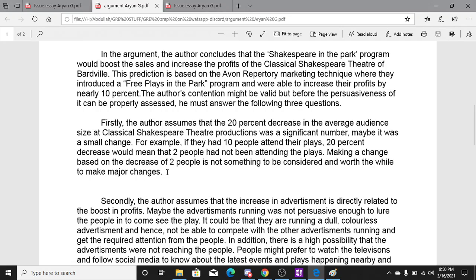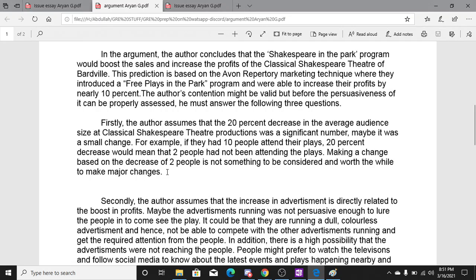What if the reference point is just 10, and then a 20% decrease, it would be only 2 people basically considering your advertisement seriously? Then this 20% decrease argument literally is dismantled.